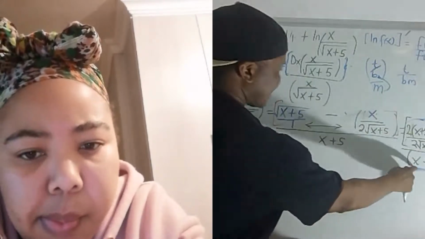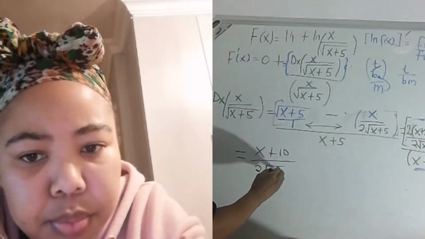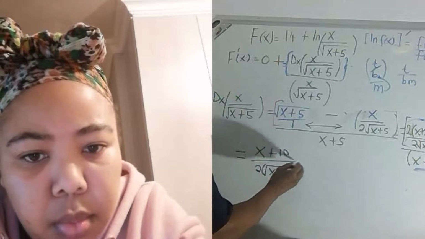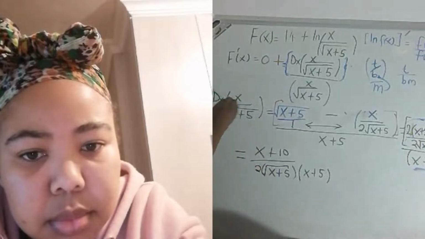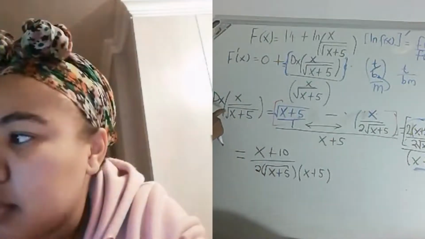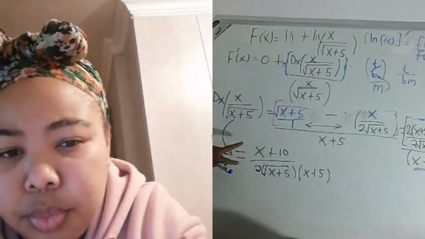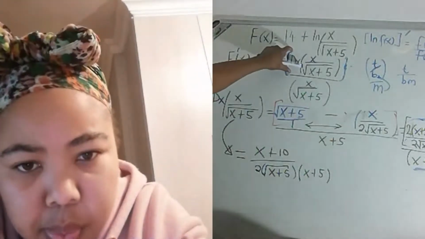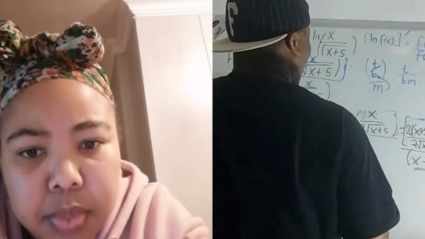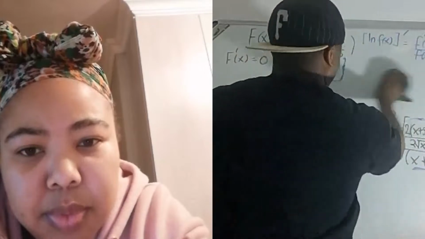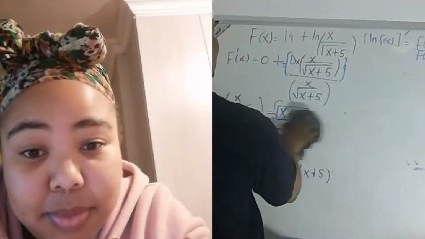So this thing here is going to come at the bottom. At the bottom is 2 square root of x plus 5, and then you have x plus 5. So this is only the differentiation of them, and this is the differentiation of them. We have to take all this stuff here and replace it with that. So I'm going to erase this because I don't need it.